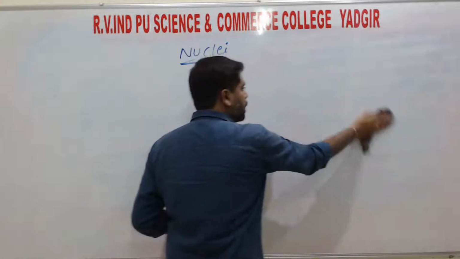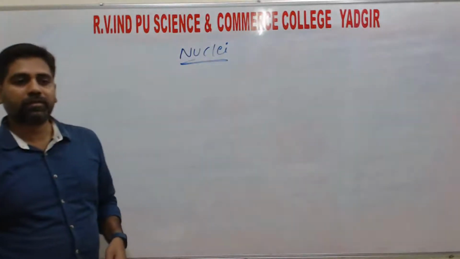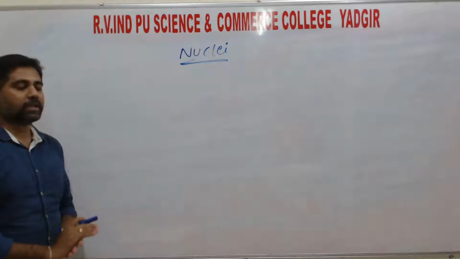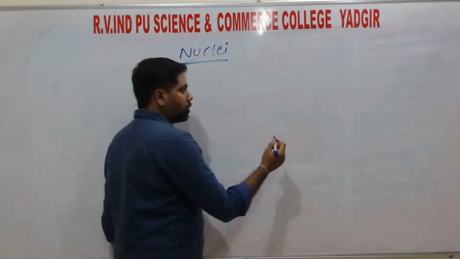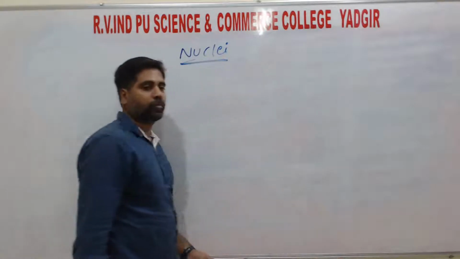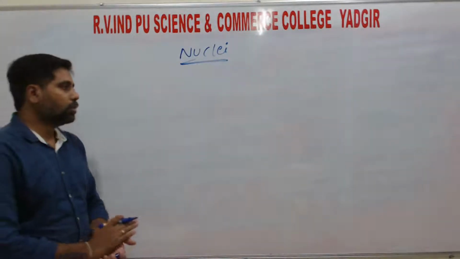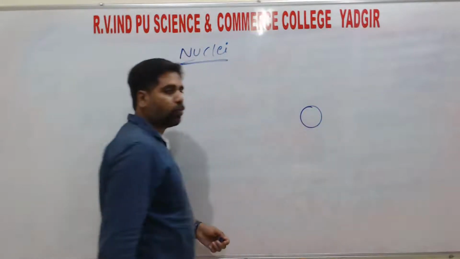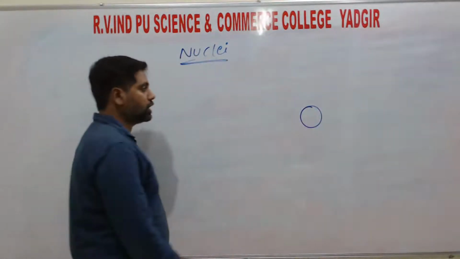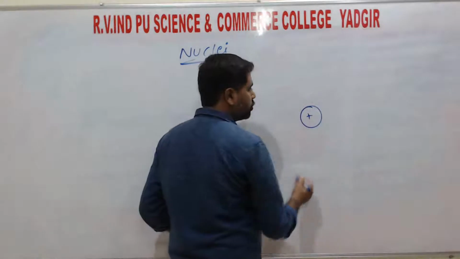As we already studied in the last chapter, that is in atoms, we almost studied the nucleus. In the atom, the maximum mass is concentrated in a small volume, that is, the positive charge is concentrated in a small volume.